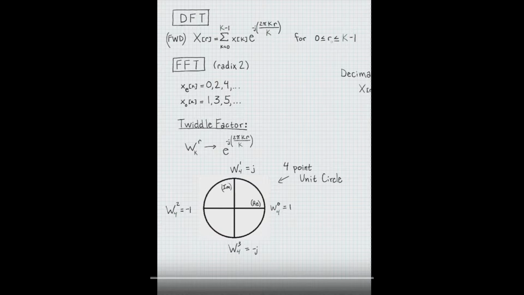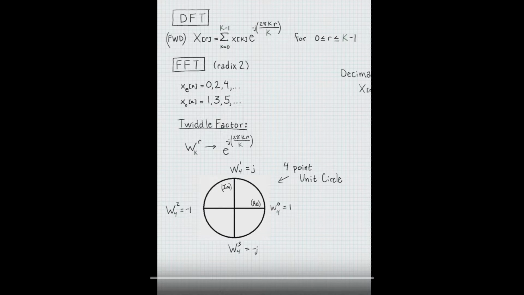One thing to note is that this is a summation of your input signal times e to the negative j 2 pi kr over k. The two k's in this case aren't the same. The k you'll see in green refers to however many point radix you'll be doing for the FFT.